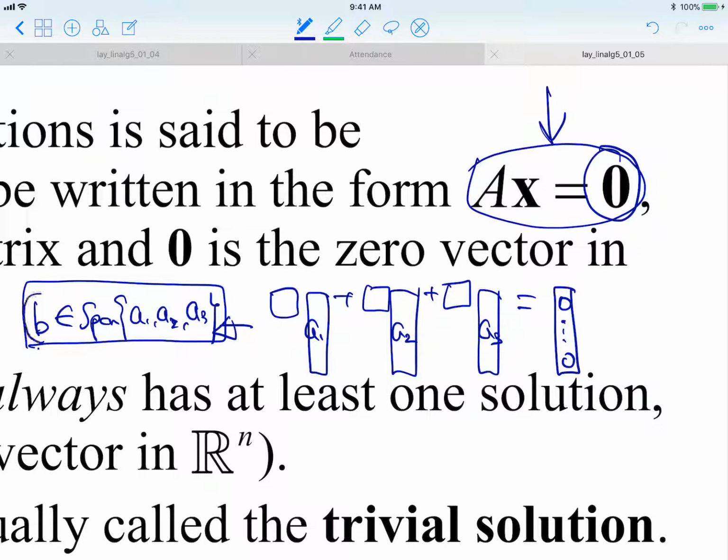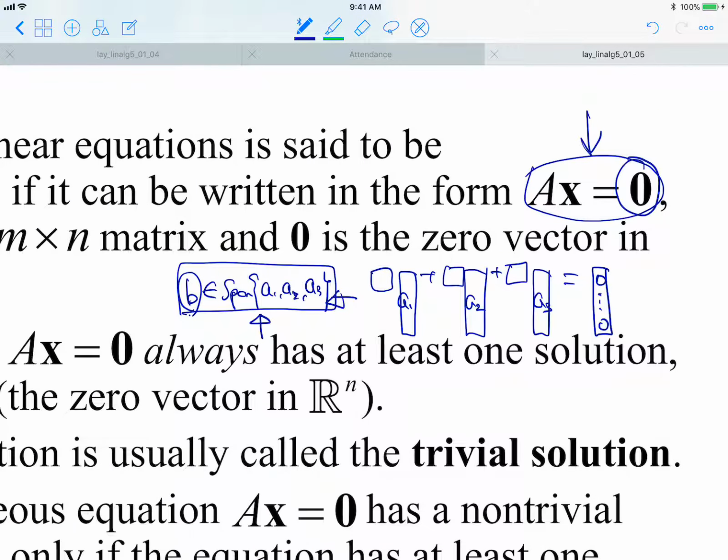But here, the b vector is all 0, just a 0 or origin. This origin is always included in the span of any vectors, right? Imagine that once we have just one vector, it will already contain 0 or origin in our span. So in this case, the solution will always exist.